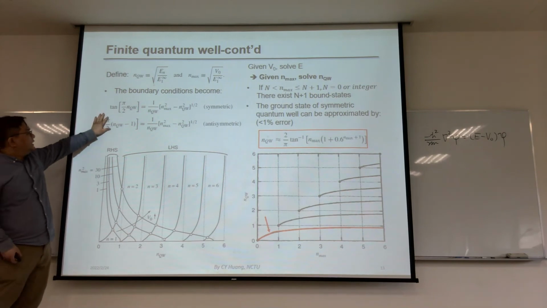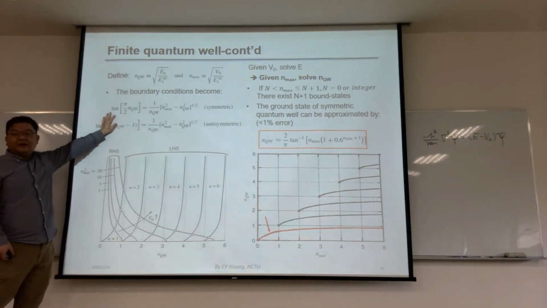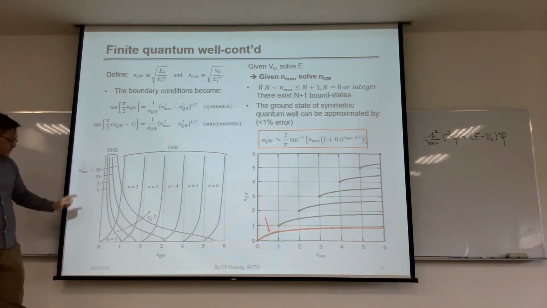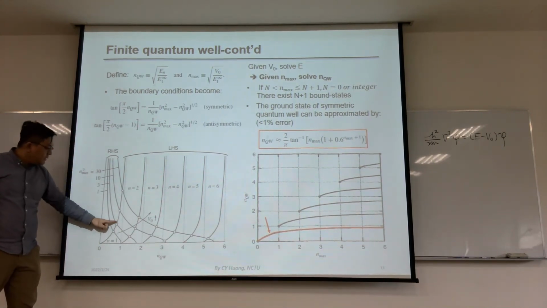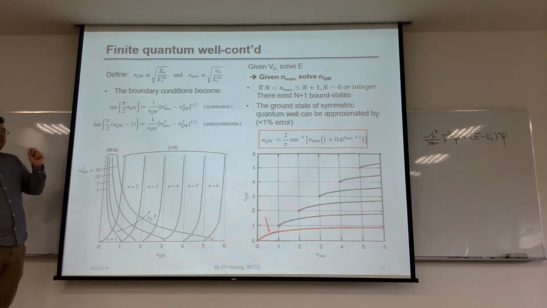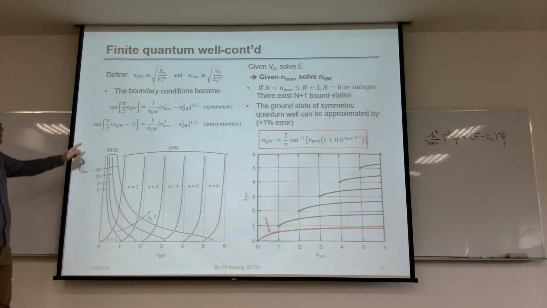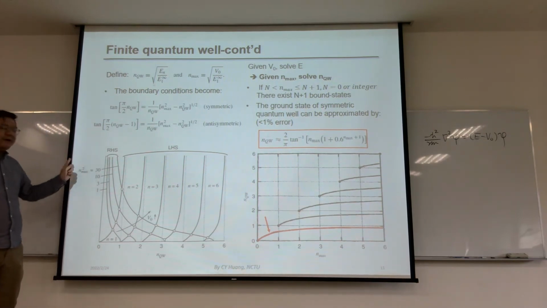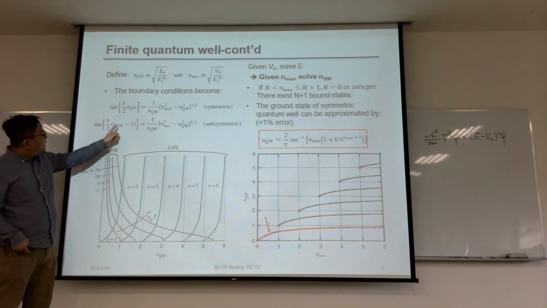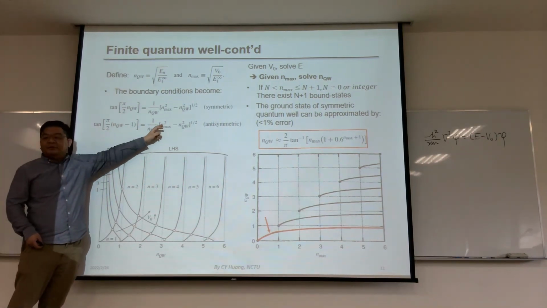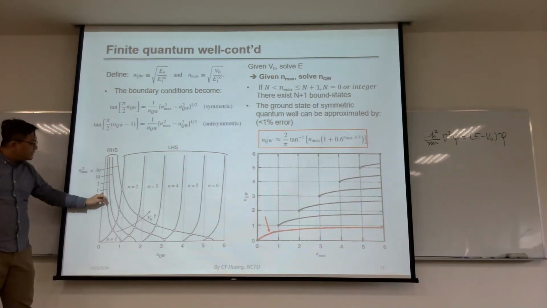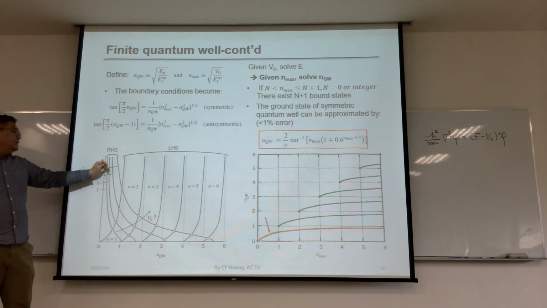Then when is the relation satisfied? That means when the left hand side is equal to the right hand side. So those points are your solution. Although we cannot directly tell you what it is, you can plot them and find them one by one. So as long as your N max is not 0, it's something larger than 0, and that means you're still starting at infinite.